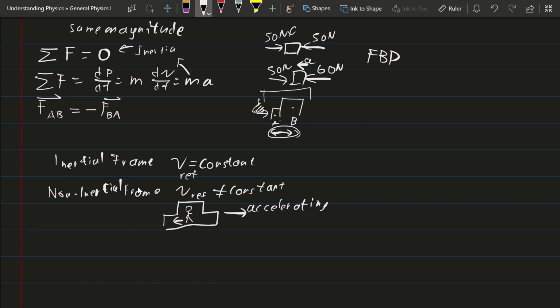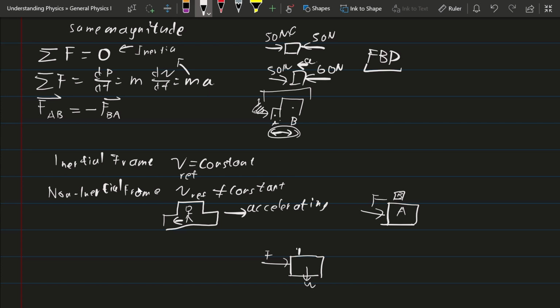And so the way that we would describe this is that we could model this as two blocks, a first block and a second block, and this one is given a force. Okay, that seems good. So if we want to draw the free body diagram of only one of the components, we would see that for block A, or the car, it has a force going this way, and then there is also the weight going downwards.